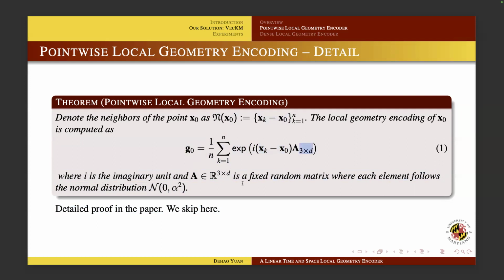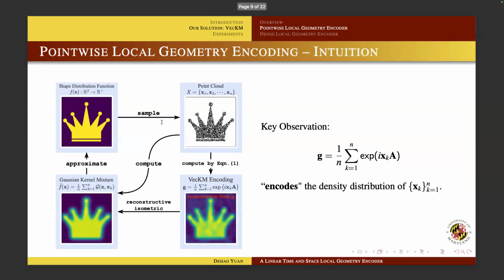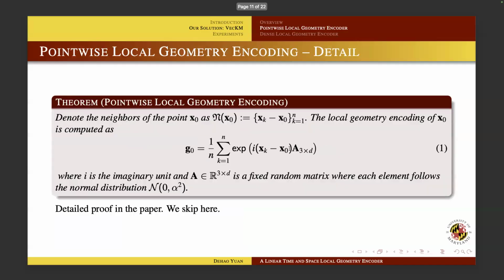Here A is a fixed random matrix where all the elements follow a normal distribution. We have a detailed proof in the paper, so we skip it here. The proof in the paper is basically a mathematical explanation of this diagram.